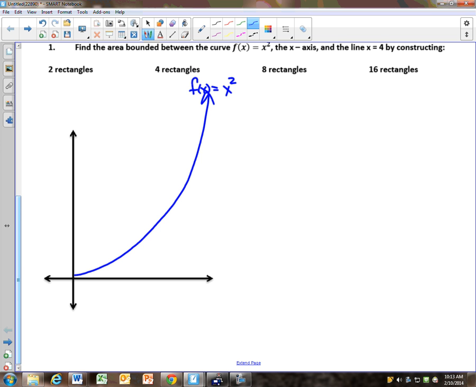People struggle being able to draw the appropriate graph. I'm bounded by x squared, the x-axis, and what else? What is x equals 4? The vertical line is going to cross right through 4.